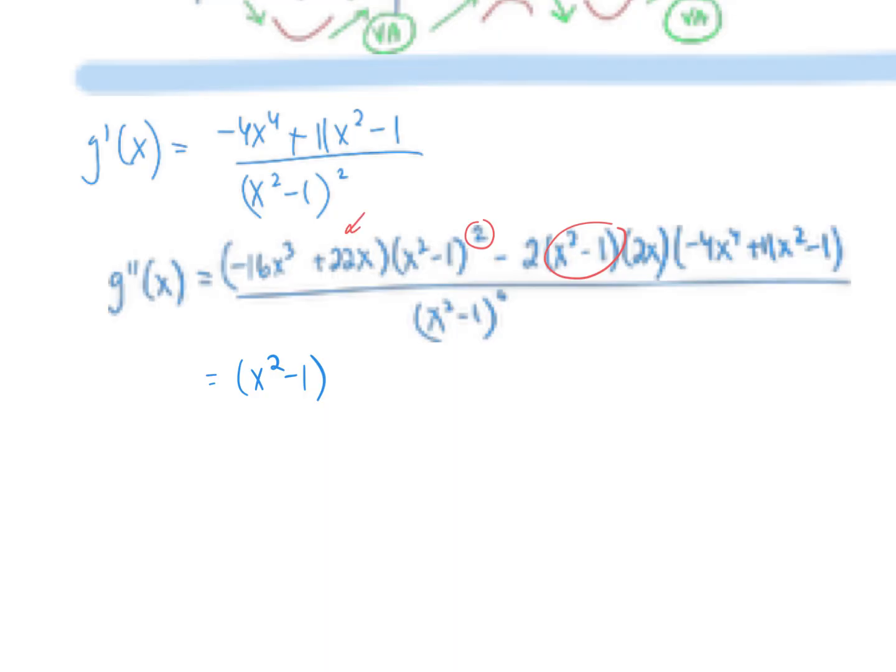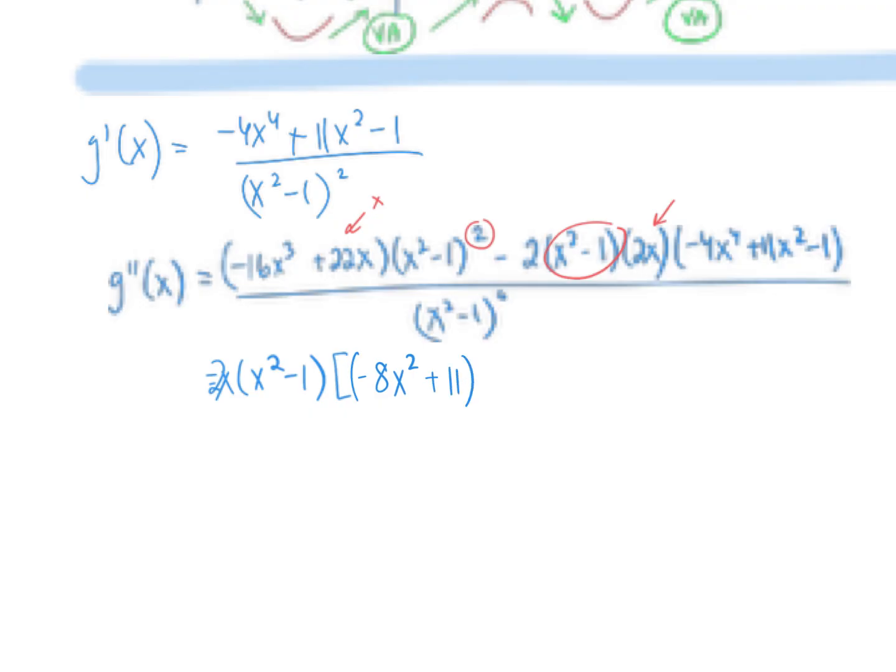Because this has a GCF of x and I have an x here, I could take that out as well. So actually I'll take out an x, and maybe even a 2x. All right. When I factor out the 2x from that first bracket, we'll have negative 8x squared plus 11.